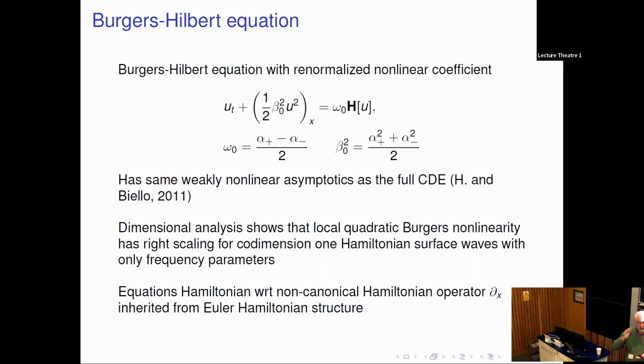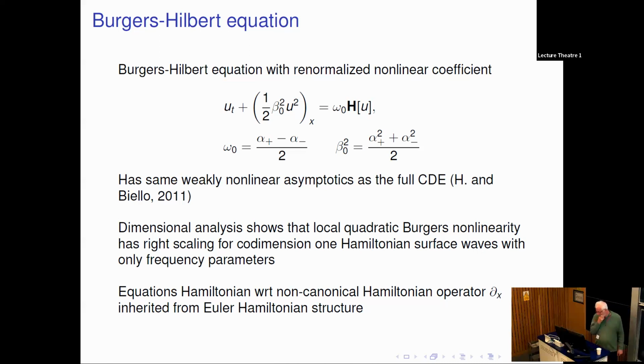Normally for Burgers you would expect a 1 over epsilon breakdown of solutions. But because of that averaging effect, you get 1 over epsilon squared: smooth solutions persist for times 1 over epsilon squared. This small amplitude regime for Burgers-Hilbert is very different from what you normally think of as happening in Burgers.